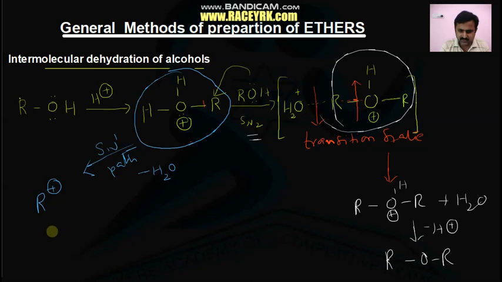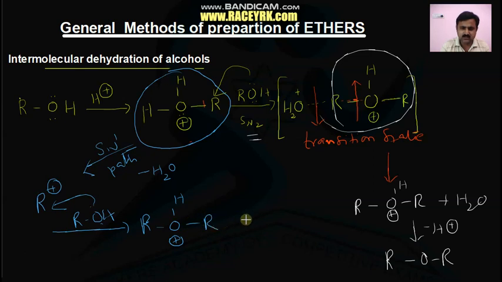Then a protonated ether will be formed, that is R plus here, H here, R.